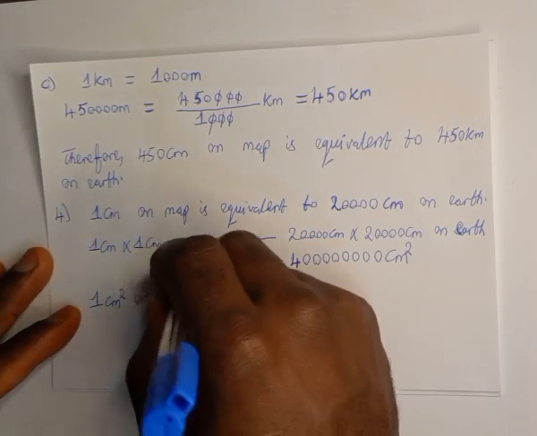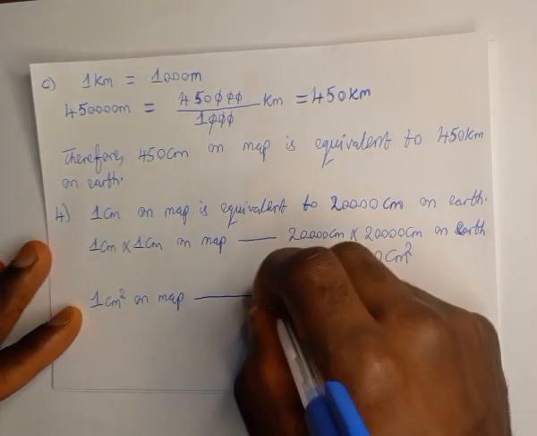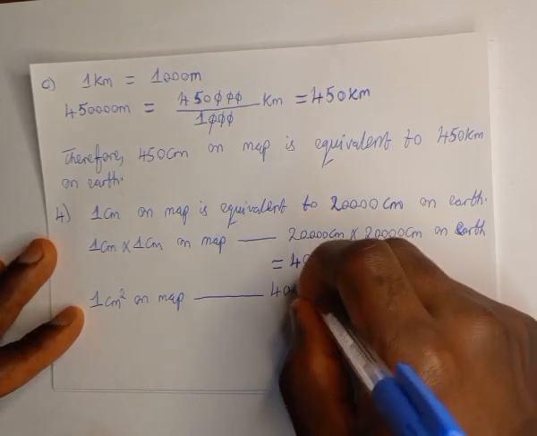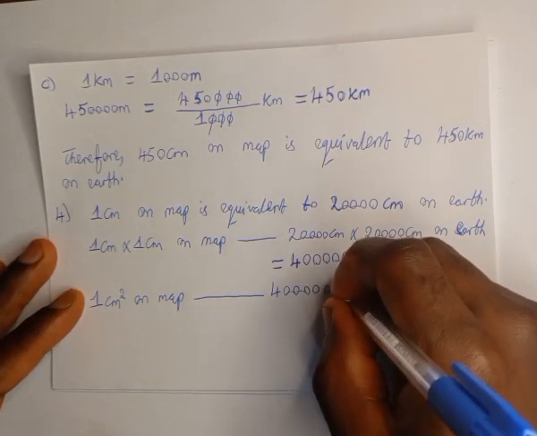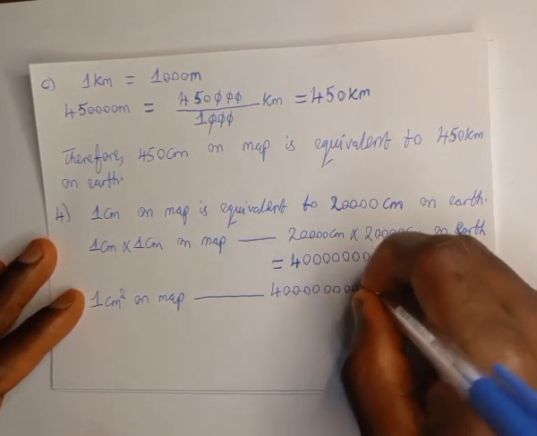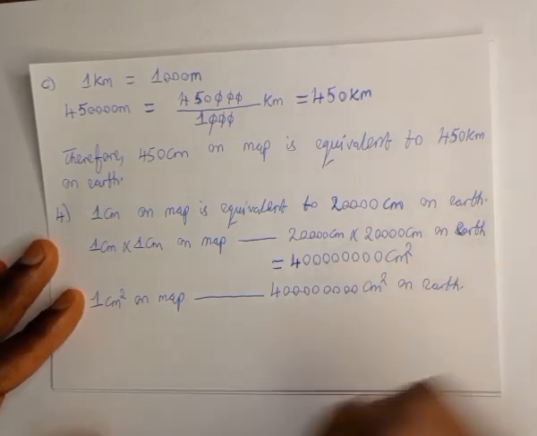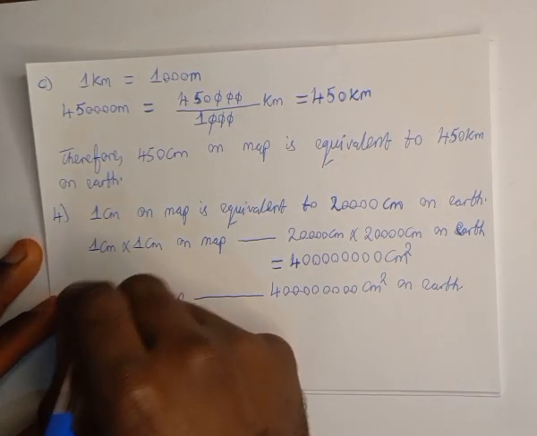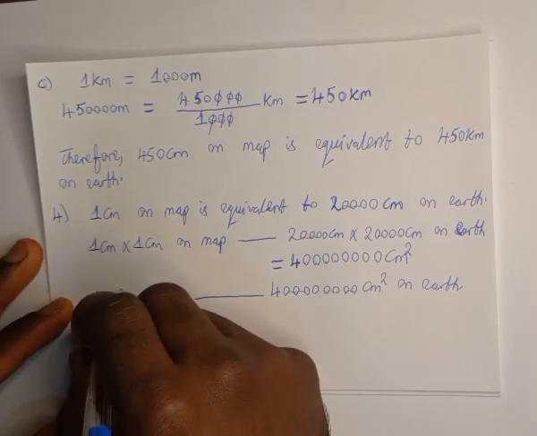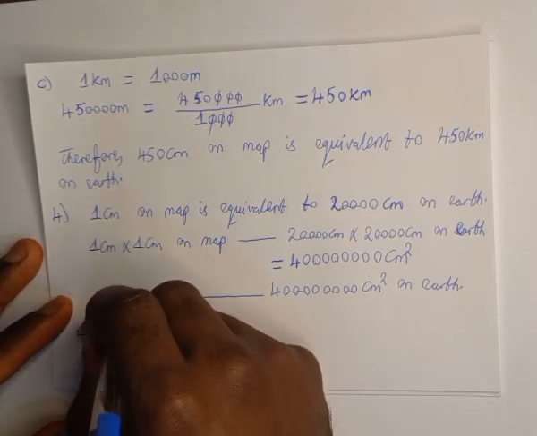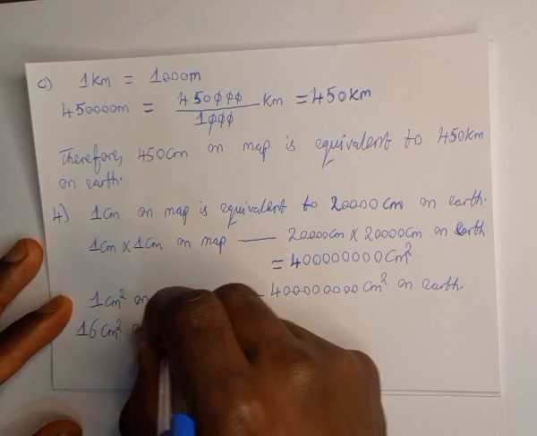On map, it will be equivalent to 400 million centimeters squared on Earth. We multiply both sides by 16. 16 times 1 centimeters squared gives us 16 centimeters squared on map.